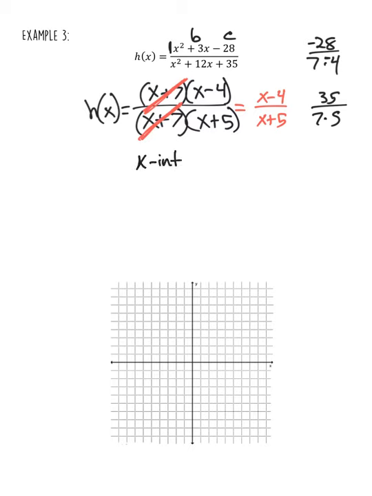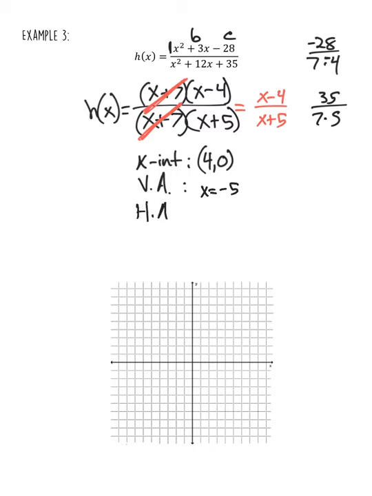I get that by setting the numerator equal to 0. The vertical asymptote I get by setting the denominator equal to 0. There we go, x equals -5.